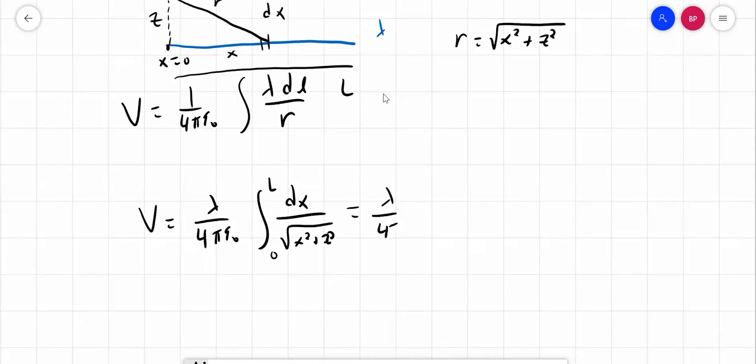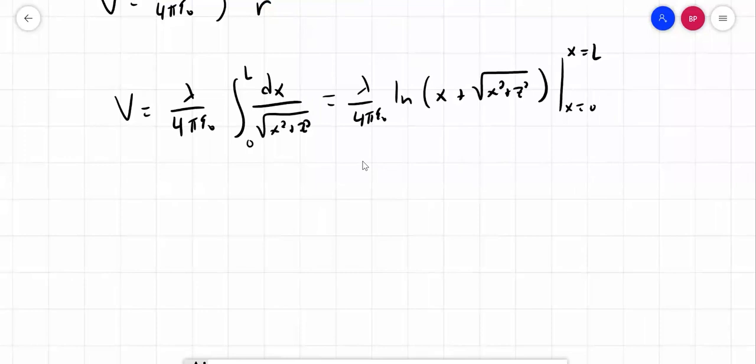So its solution, keeping our constants, is the log of x plus the square root of x squared plus z squared. And then we have to evaluate this from x equals 0 to x equals L. All right.